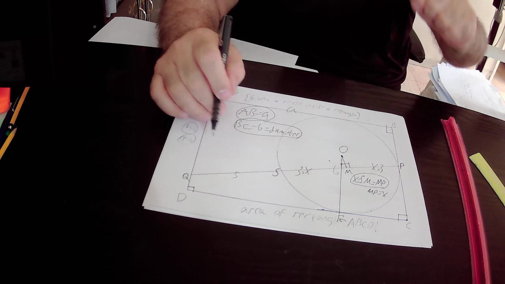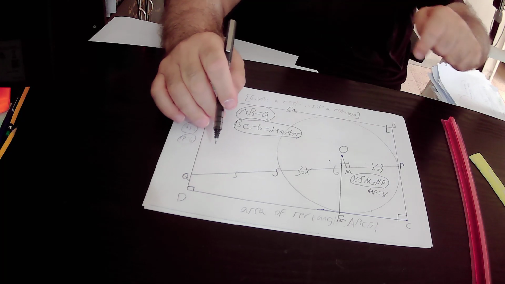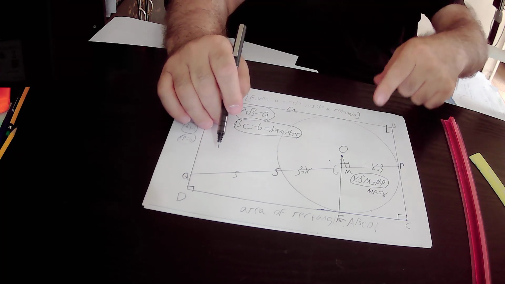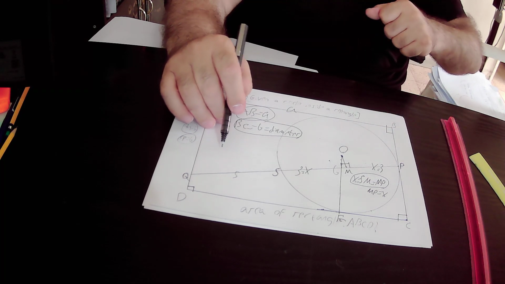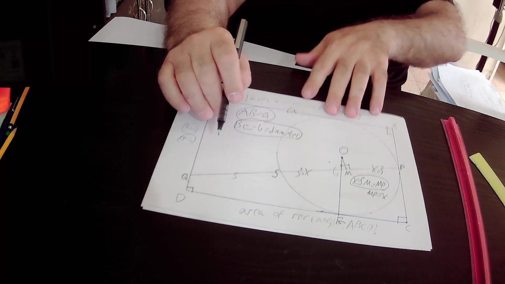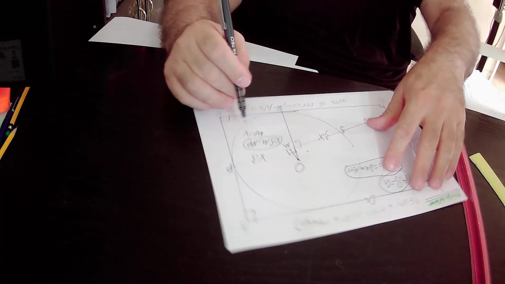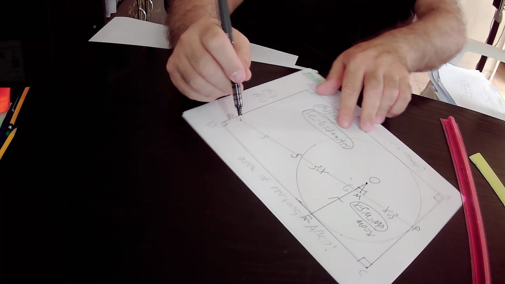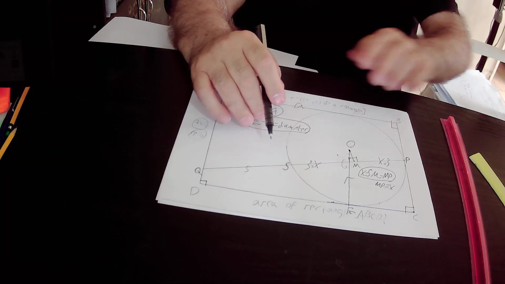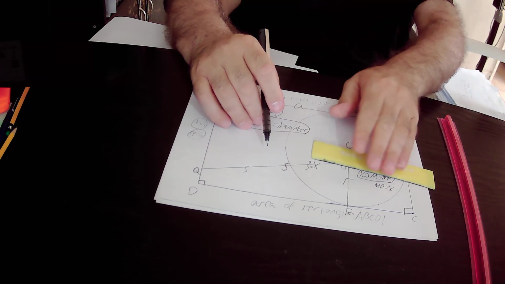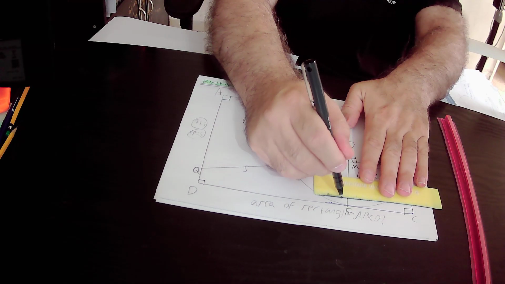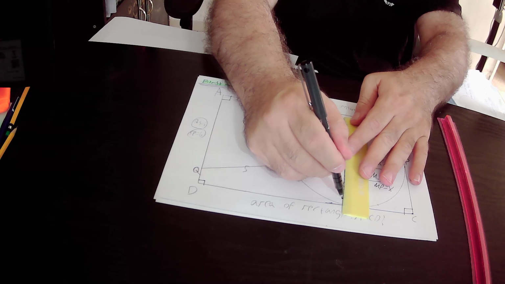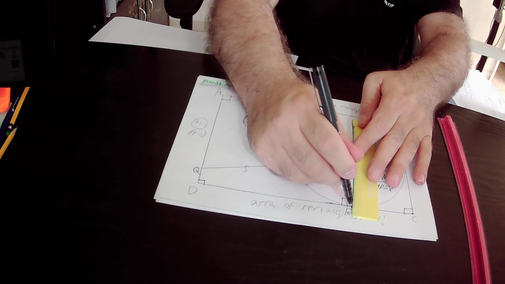It is also the point of tangency of DC with the circle. Therefore, OF is the radius of the circle, that is equal to R according to our definition. So we have here the radius OF that is drawn to the point of tangency. Therefore, according to rule number 1, this angle equals 90 degrees and this angle also equals 90 degrees.